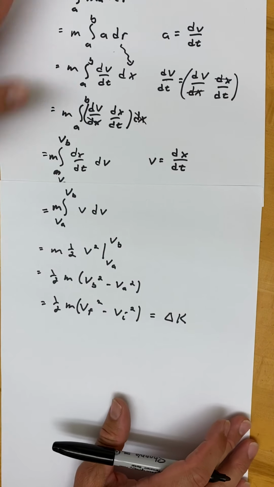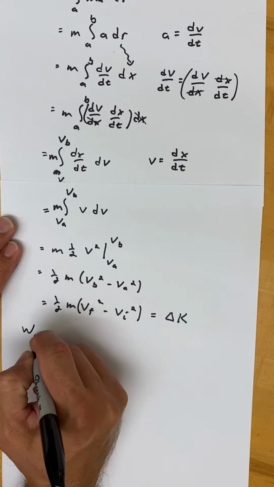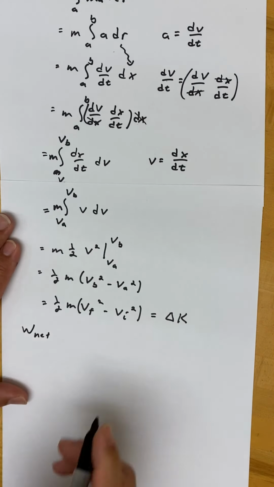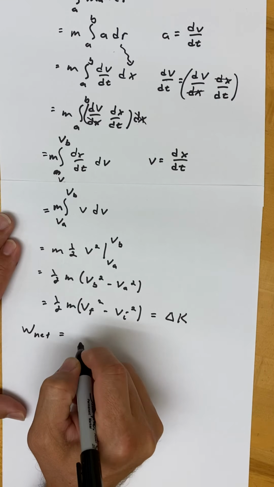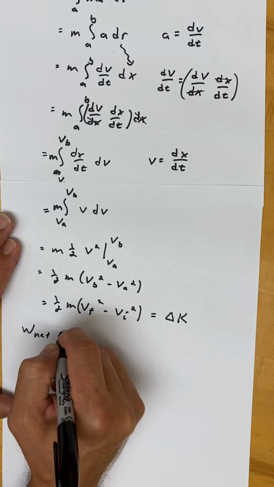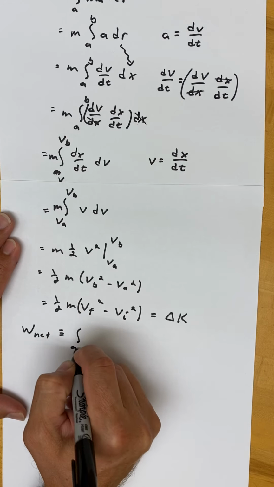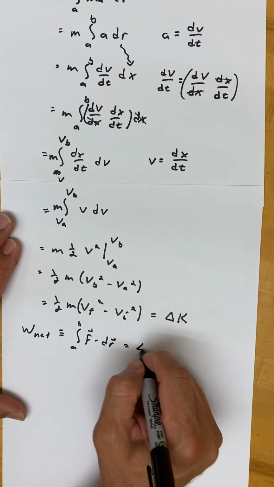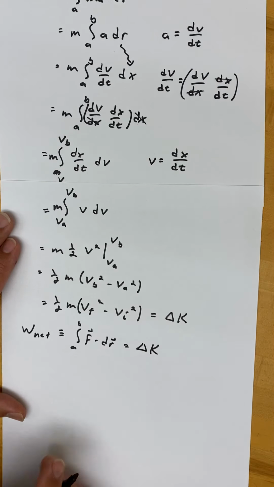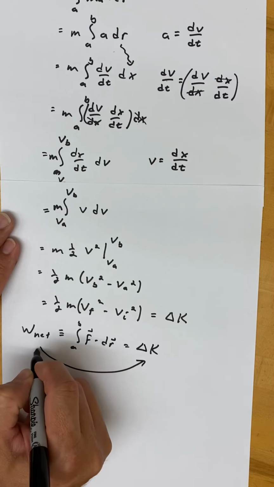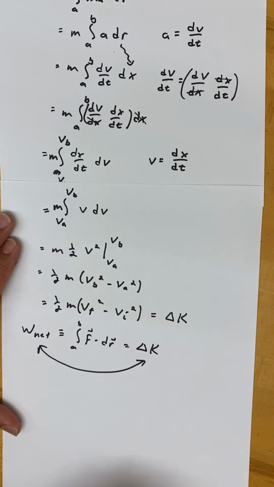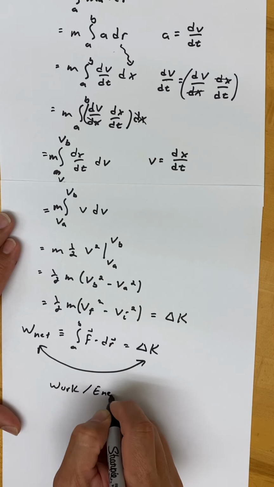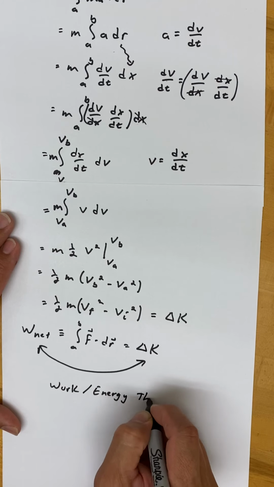So what does this mean? If I rewrite my left-hand side finally, the net work, and we normally don't write net, we just understand that we mean the net, it's going to be defined as the integral from a to b of F dot dr equal to delta K. This little expression here, the outer parts of this triple equation, is what is called the work energy theorem.